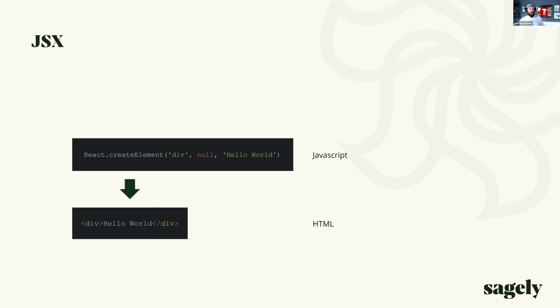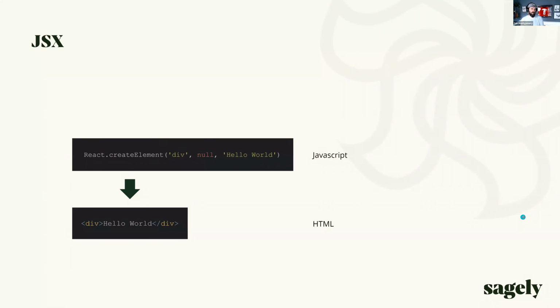JSX transpiles into JavaScript. So knowing that, based on what you guys talked about last week, can anybody tell me, does your browser understand JSX? No, it would only understand the transpiled JavaScript. Yeah, exactly right.